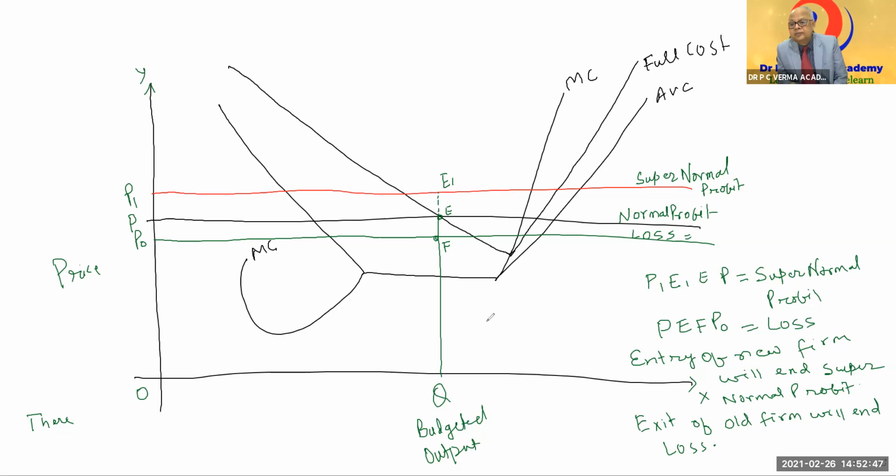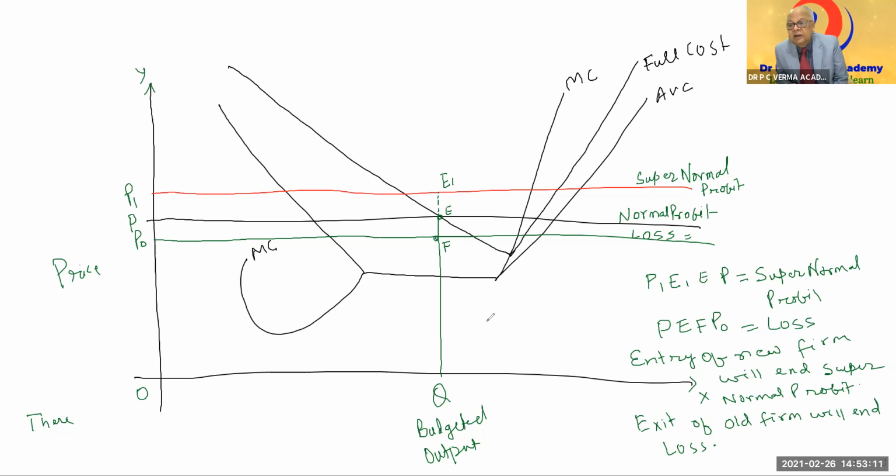take the situation. If this situation happens, if 4 firms are there, then a 5th firm will enter. And this entry or exit will stabilize price at the full cost.